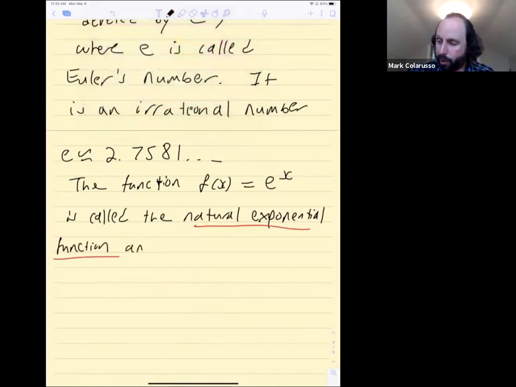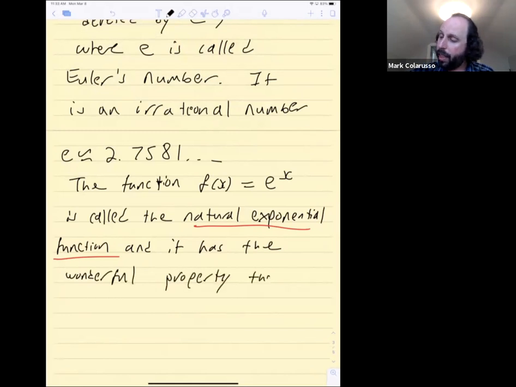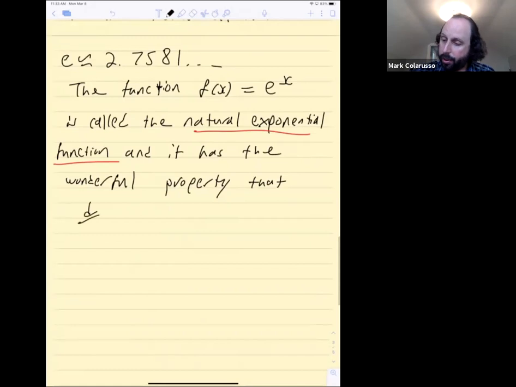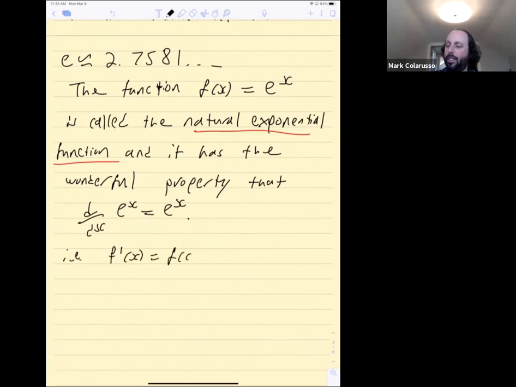And it has the wonderful property that the derivative of e to the x is e to the x. Okay, so that it is its own derivative, right? i.e. f prime of x is f of x.